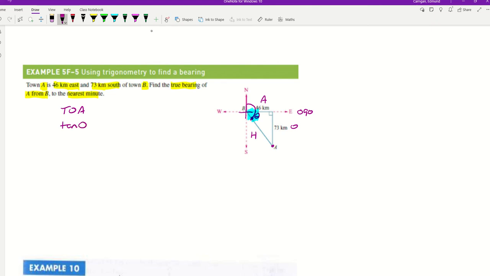Tan theta equals O on A, substituting our numbers, 73 for O and 46 for A. So theta is simply tan minus 1, 73 on 46.